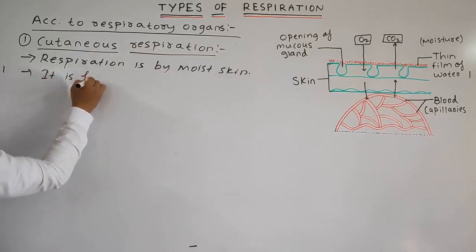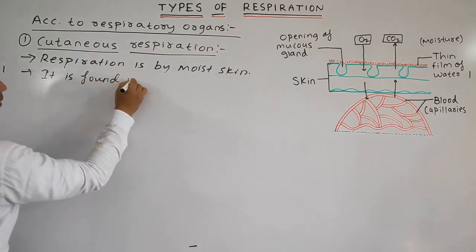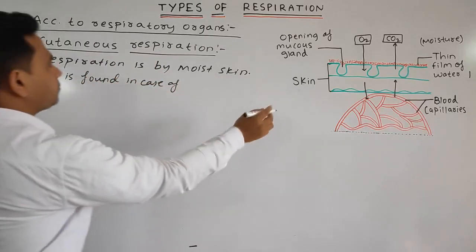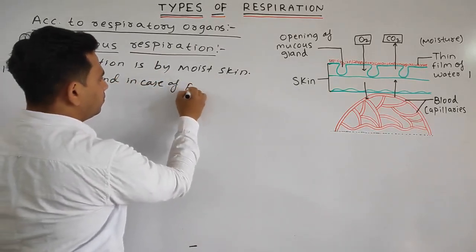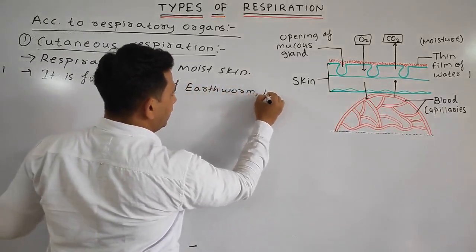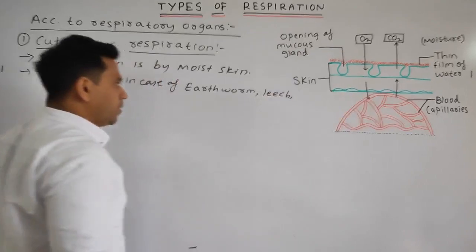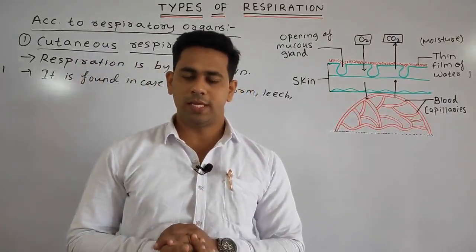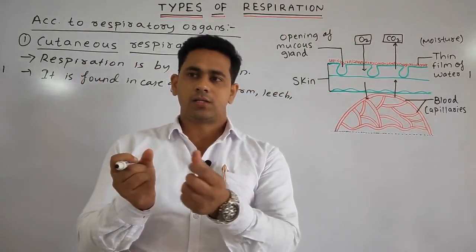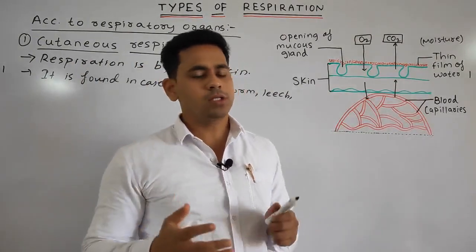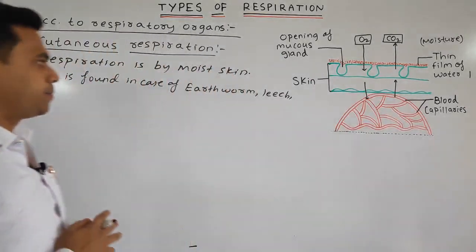It is found in case of generally the earthworm, the leech. You have observed that in the case of the earthworm and leech, they have a slimy secretion on the skin, because they respire by the skin.